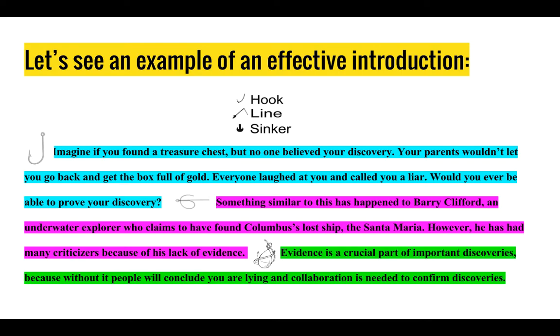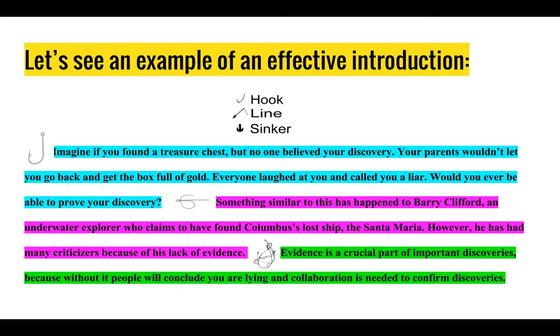So this is a really great hook. It's an imagine-if statement. Some people might say, "But Ms. Orlando, there's a question here." Well, that's okay. The reason why I said no questions is you don't want to start your hook with a question. The first sentence should not be a question. But you can have a rhetorical question later down in your hook. That's fine. So that's going to be our hook.